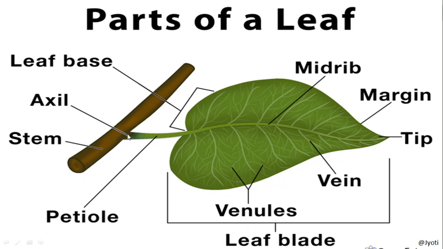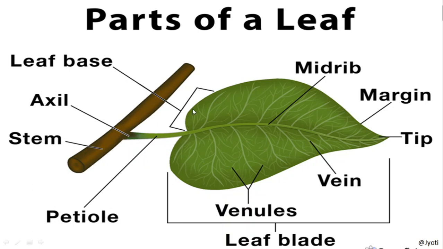At the base of the leaf, the axillary bud develops, and this is the stem, and this is the portion where the leaf is attached, called the node, and this is the axil of the leaf. Now this is a stalk, and this stalk is called petiole.